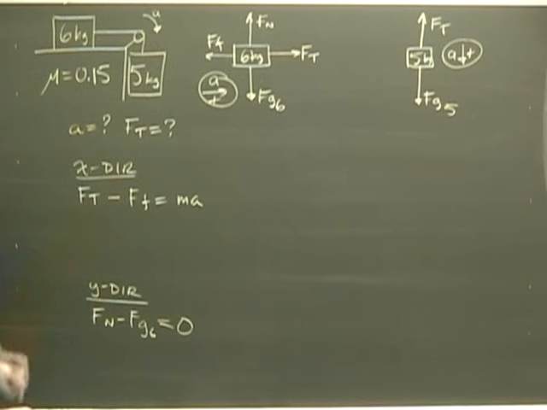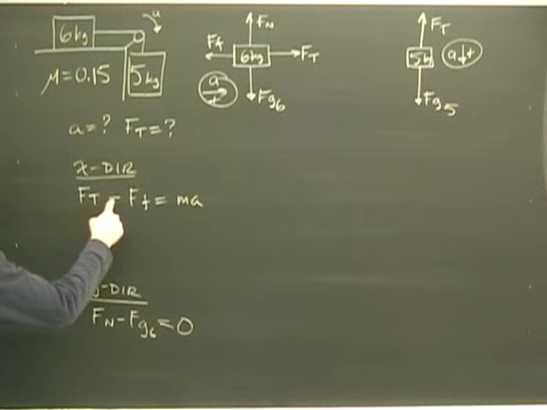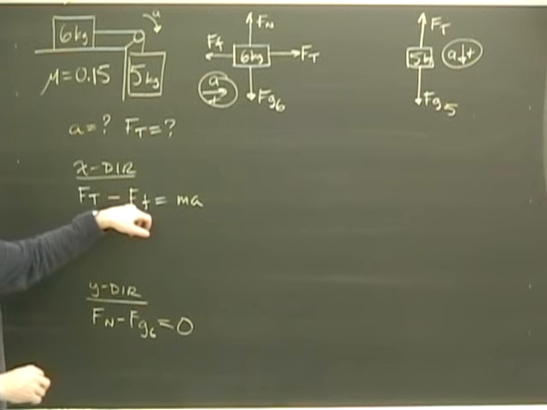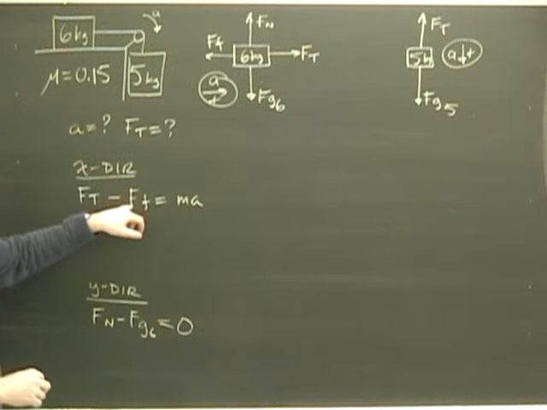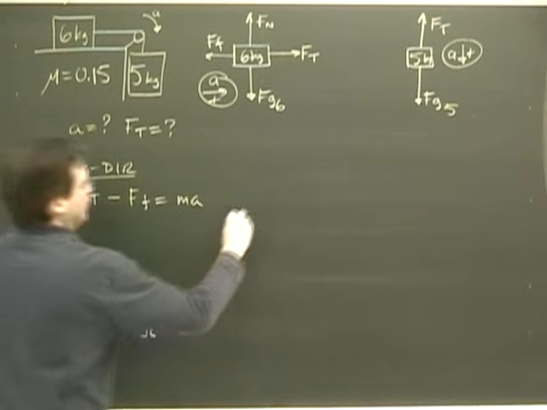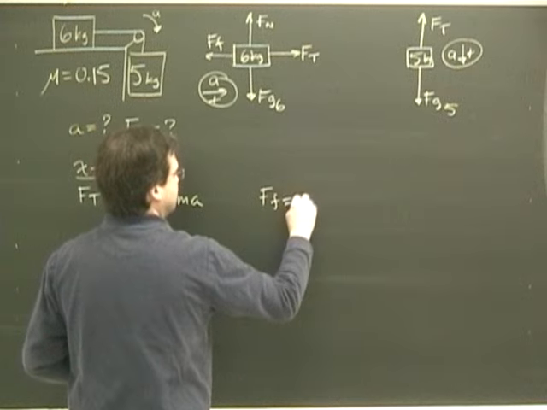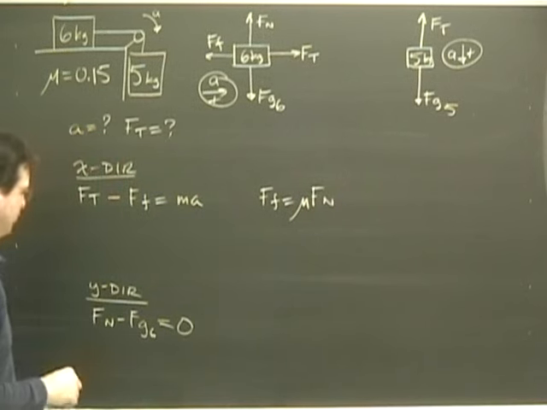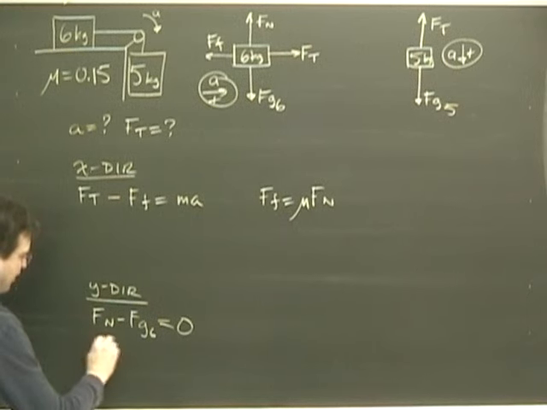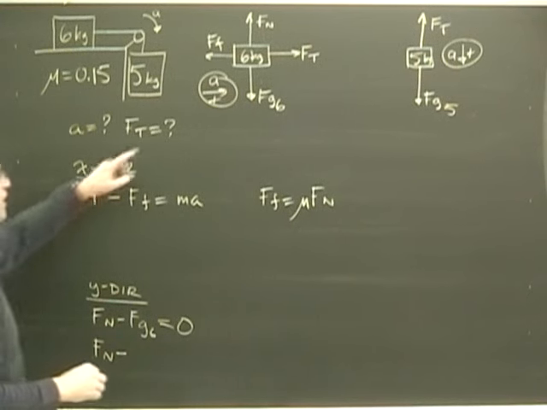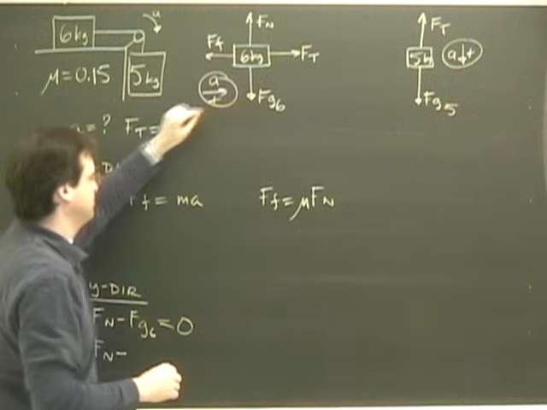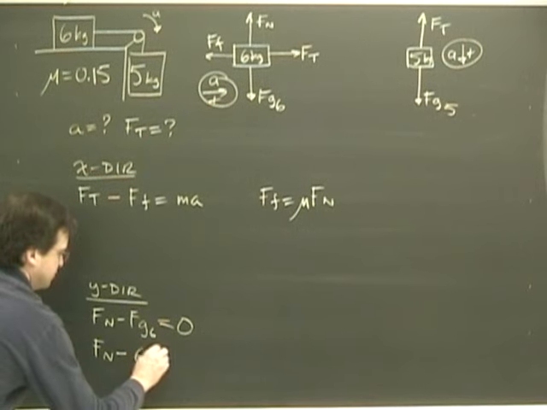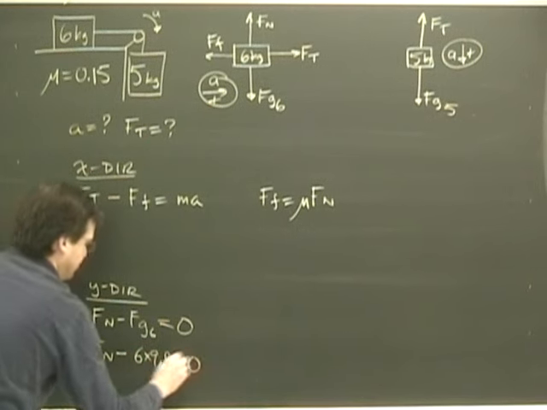So let's look at our x direction. Force of tension minus force of friction equals MA. I need to get a number in here for the friction. So I have to solve for friction, and I know that the force of friction equals mu Fn. So here's where I need my Fn. Fn minus, and this force of gravity is 6 times 9.8, and that equals 0.